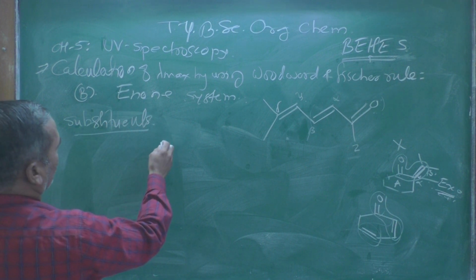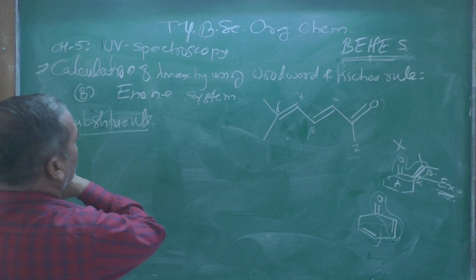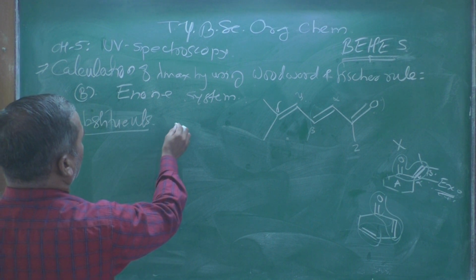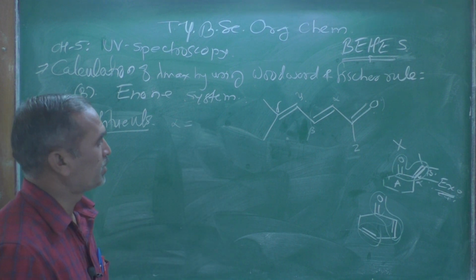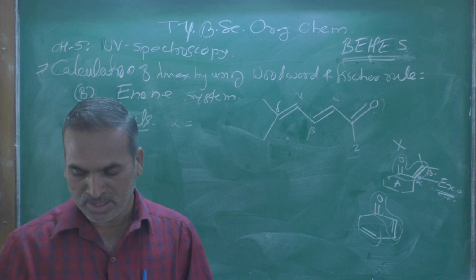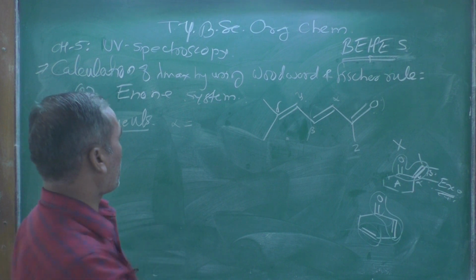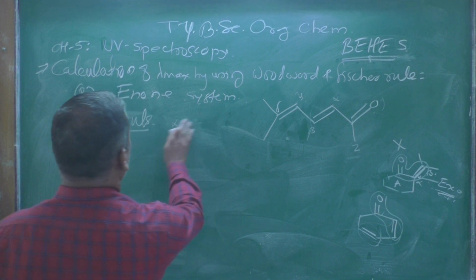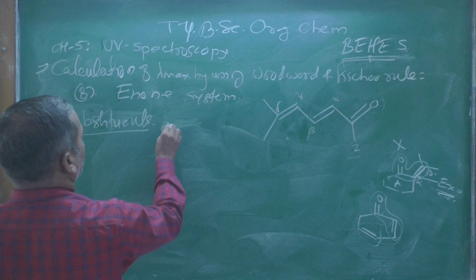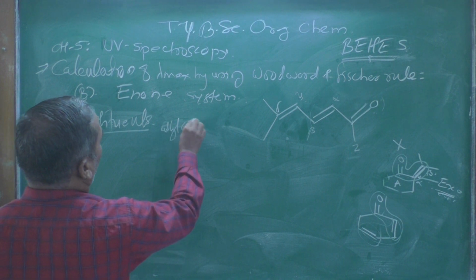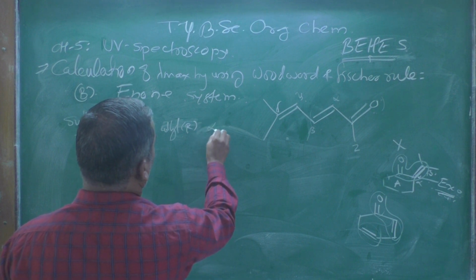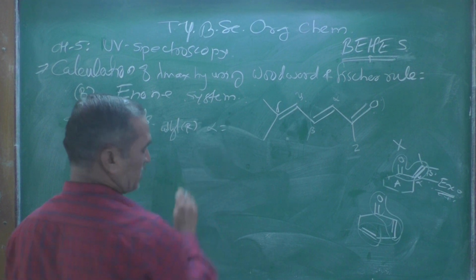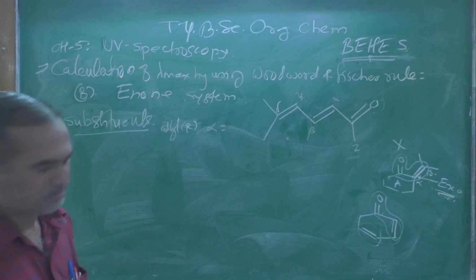Substituents. Now here, suppose substituents are present at the alpha position, then you should add 10 nanometer to it. Suppose the substituent is an alkyl group. Alkyl means R. If present, then at the alpha position you should add, let us see here.